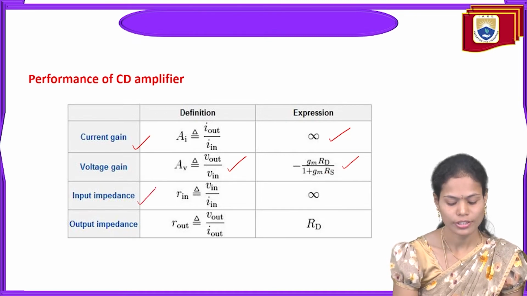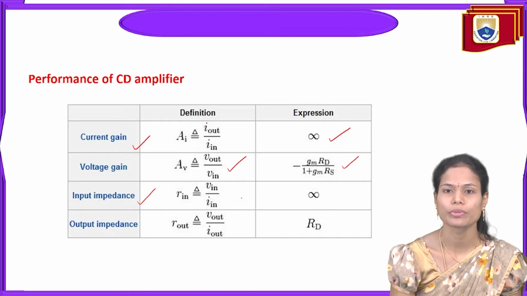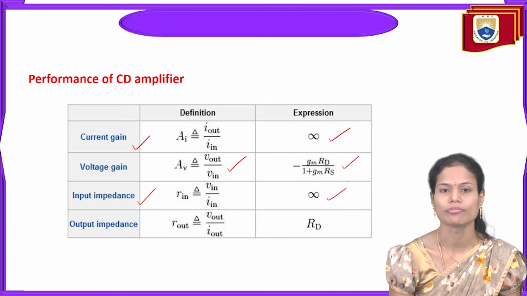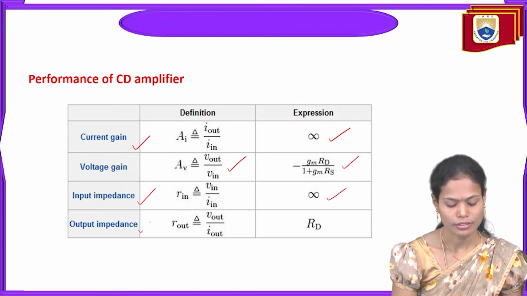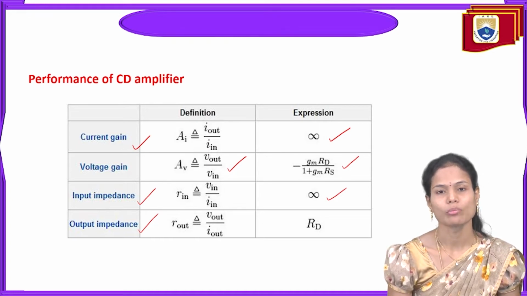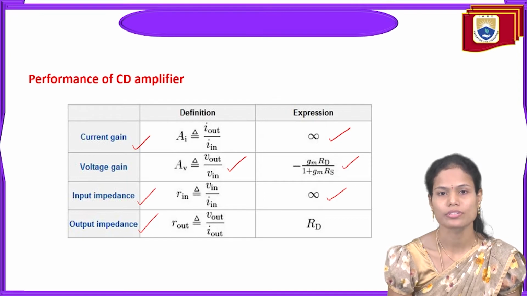Next, to calculate the input impedance, that is the ratio of input voltage to input current, and ideally we will get it as infinite. To calculate the output impedance, we take the ratio of output voltage to output current, and that is almost equal to the drain resistance or output resistance here.